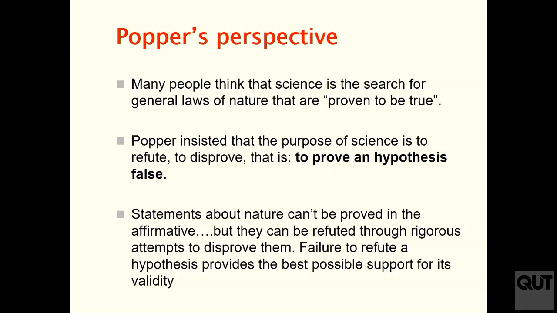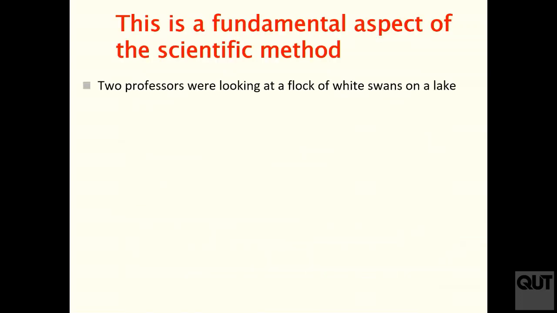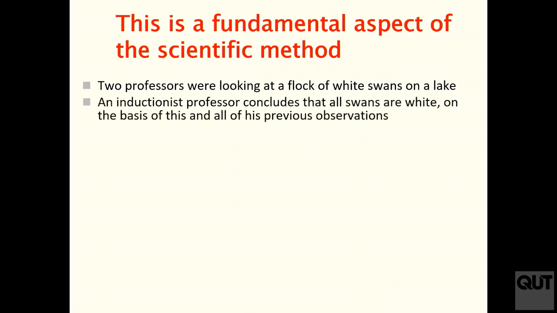Let's have a look at another simple example of it. There's 2 professors, and they're looking at a flock of white swans. They're having lunch. An inductionist professor, this is a professor that's saying, okay, I'm looking for laws, I'm looking for rules, I want to know what is true for all time. And this inductionist professor, who's lived in that area his whole life, said, I declare all swans are white.